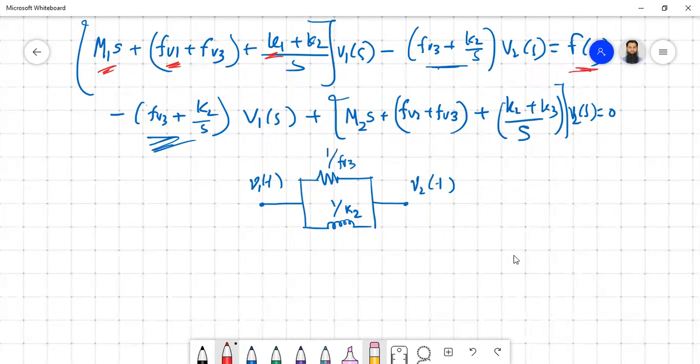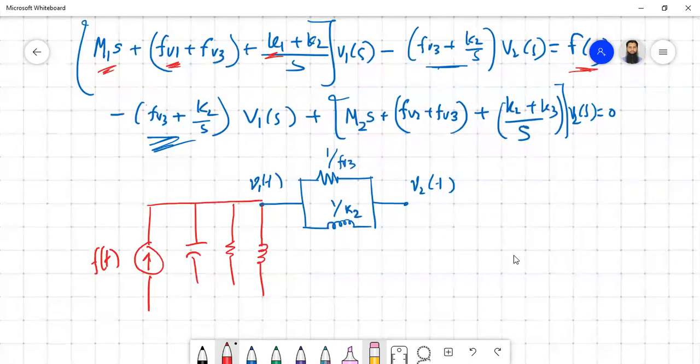So three components will be there, one capacitor, one resistor, and one inductor, as well as the current source, which is your F(t). This is simply your M1, then this is your 1 by fv1 and this is your 1 by K1.